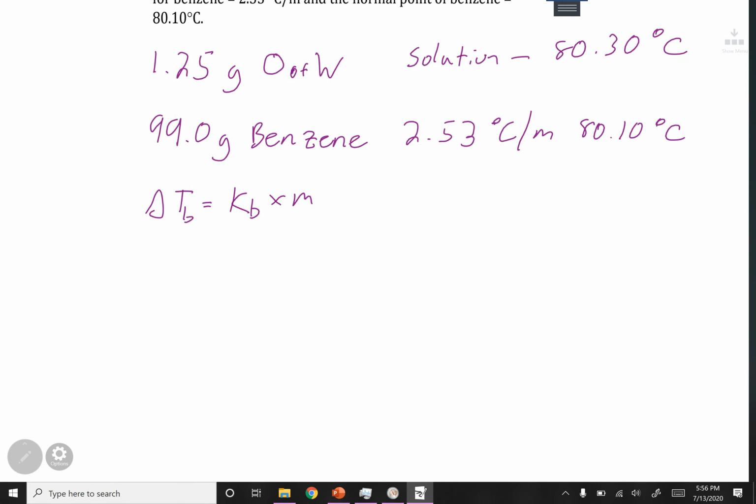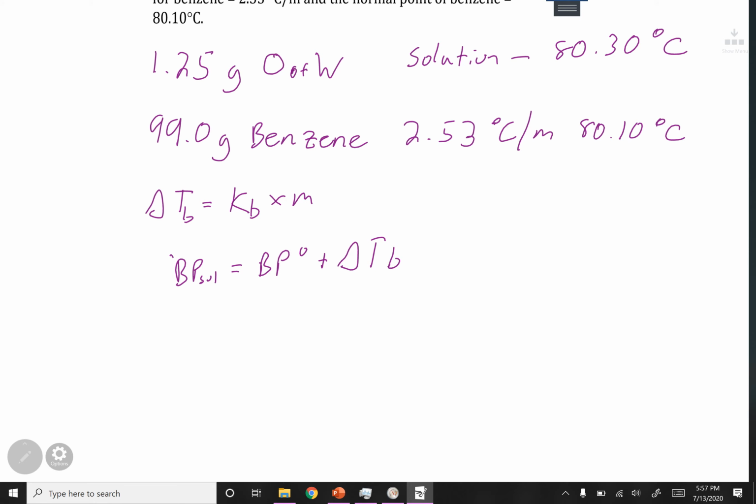The first thing we need to do is calculate delta T. Remember, the boiling point of the solution will be equal to the normal boiling point, BP naught, plus the change in boiling point.